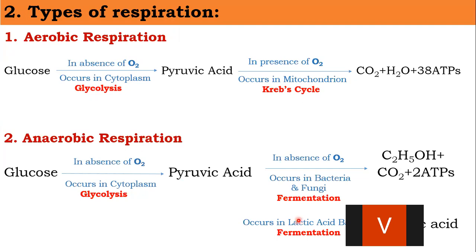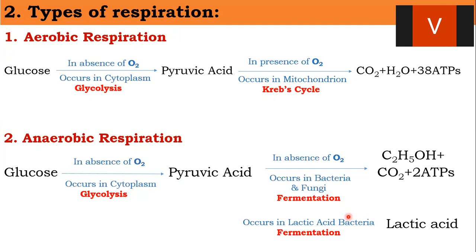Now we will study in detail what is the meaning of aerobic and what is the meaning of anaerobic respiration. So in aerobic respiration, there is involvement of oxygen. Means this respiration occurs in presence of oxygen, whereas the anaerobic respiration occurs in absence of oxygen.